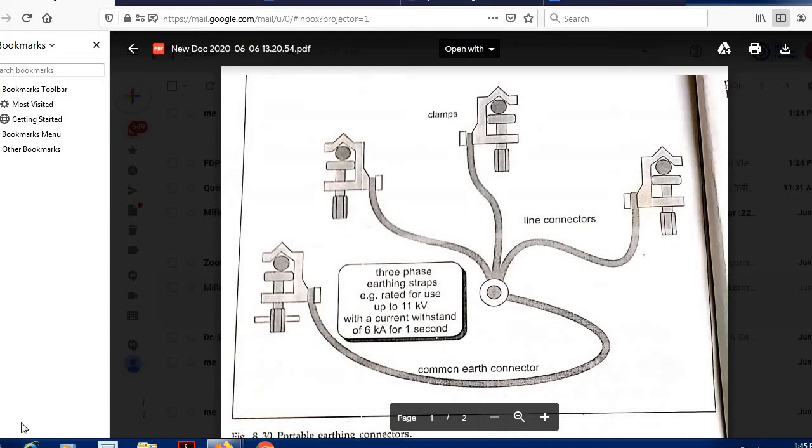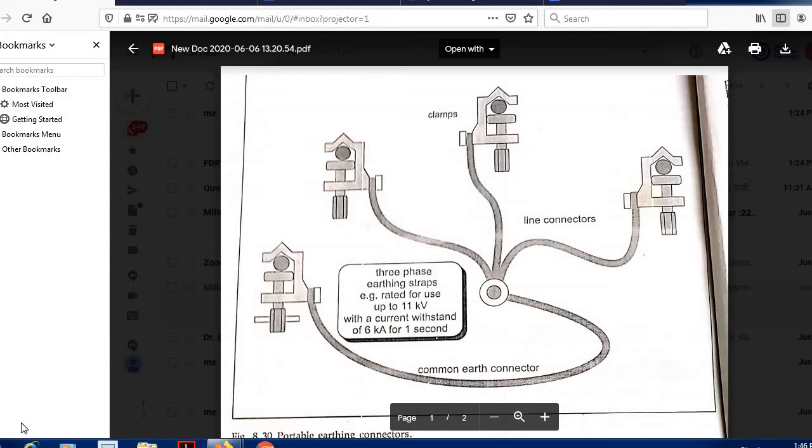So this will be signed by the person who has received the permit or who is doing the work on the system. And the fifth section is signed by the issuing authority, cancelling the permit, because the permit is valid for 24 hours, so he will be cancelling the permit.